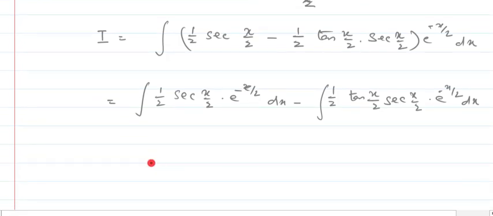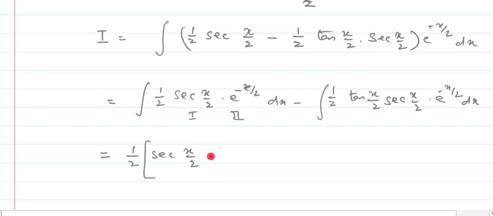So now using by parts over here, this is the first function and this is the second function. The first function is 1 upon 2 sec x/2. Let us take this 1 upon 2 outside. So it is the first function into the integration of the second.